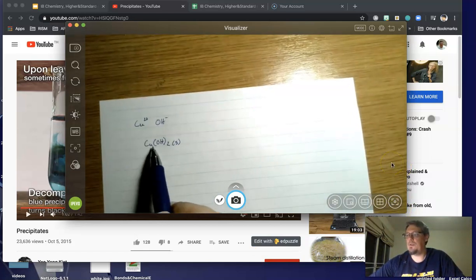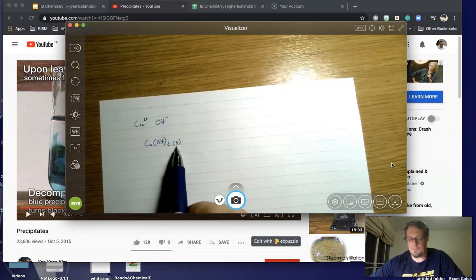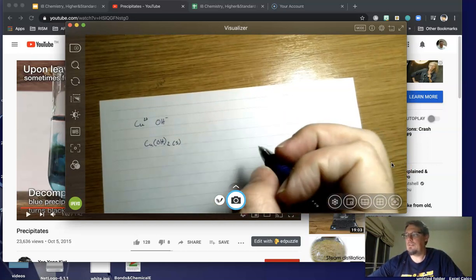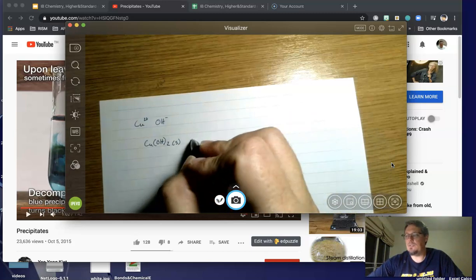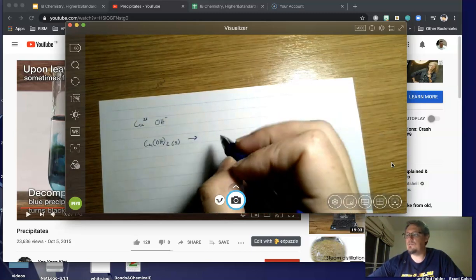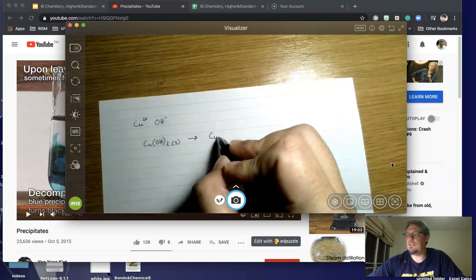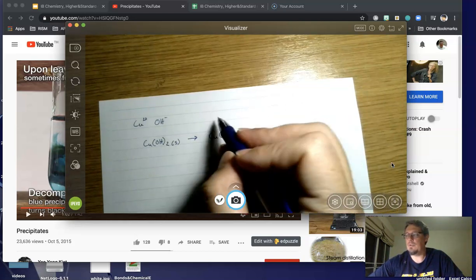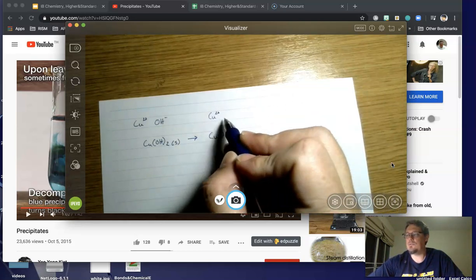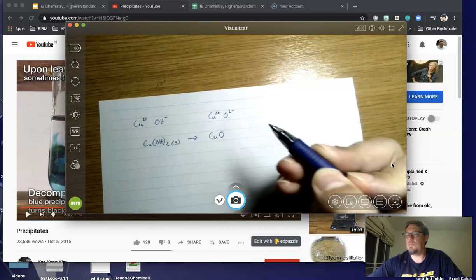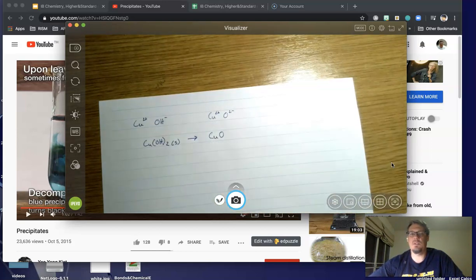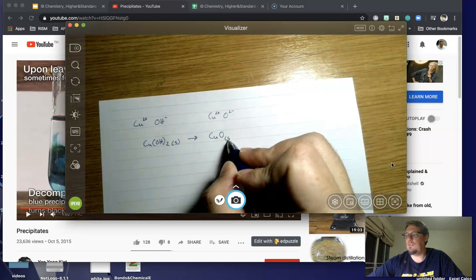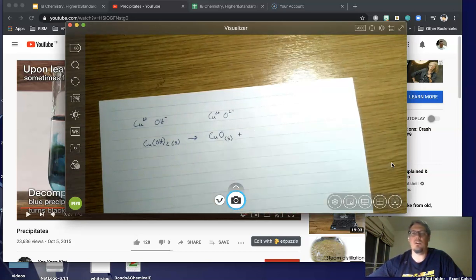Okay, copper 2 hydroxide, solid. S for the solid state. Okay, this decomposes into copper 2 oxide, CuO. Okay, copper again, copper 2, Cu2+, O2−. Put those together, we get copper oxide. This is also a solid. What is our other product?